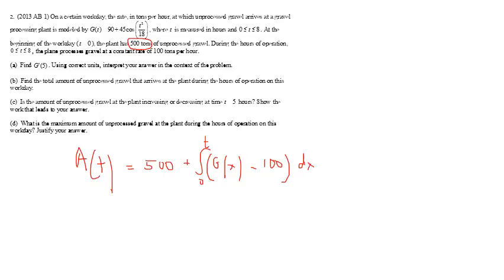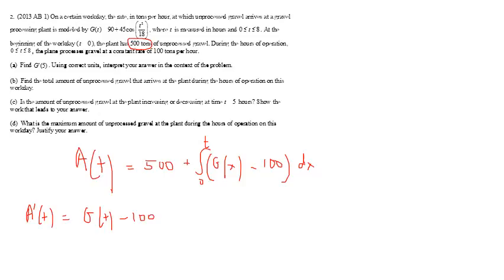Again, just absolutely terrible handwriting, so hopefully you can understand what's going on. And like I said, I'll give you the answers so that you can see exactly what's happening. Okay, so we want to check the endpoints, which are 0 and 8, and we also want to check the critical point. To get the critical point, we need to take the derivative of this thing that we just wrote. So A prime of t is going to equal, in this case, g of t minus 100.